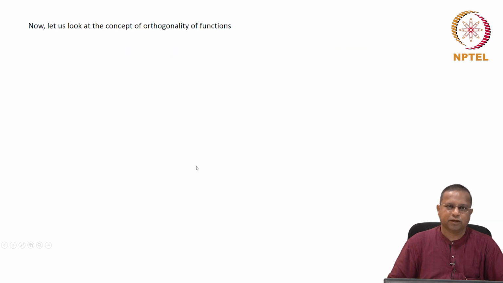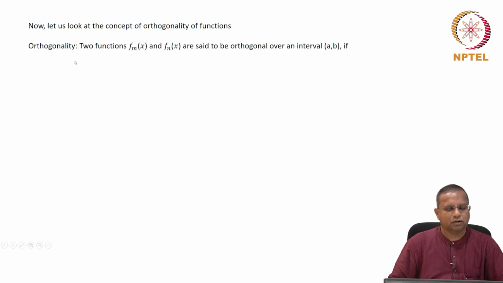Now you need to know something about the orthogonality of functions. This again you need to pick up from your math course. Let me very briefly tell you what that is to jog your memory and then send you back to your math course.